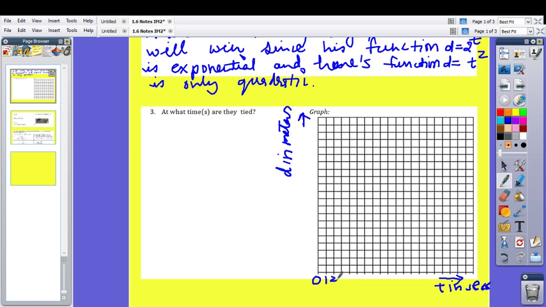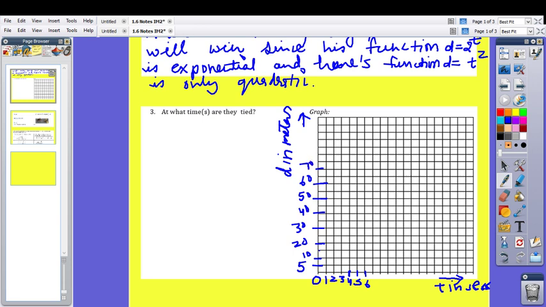So 1, 2, 3, 4, 5, 6, and then we need to go up to 64. So let's go by 5. So this is 5, then 10, 15, 20, 30, 40, 50, 60, and 70. Okay.